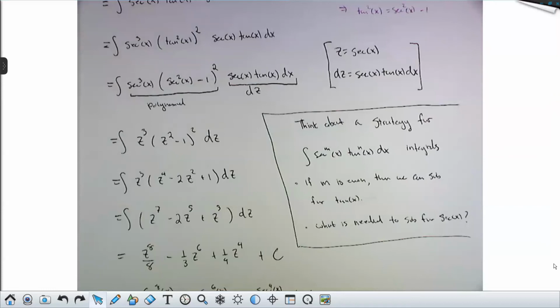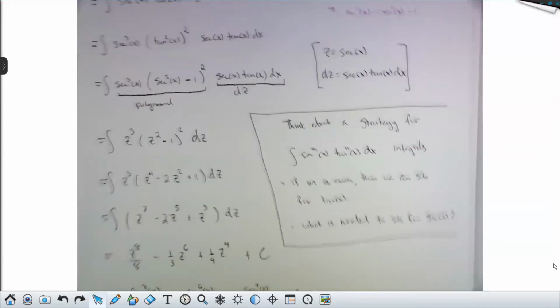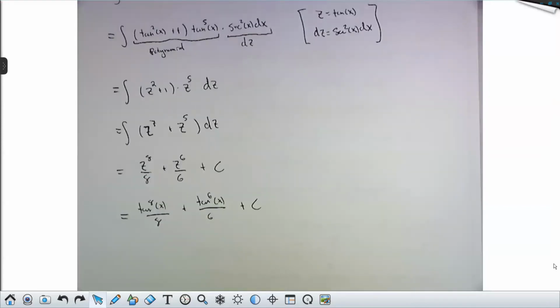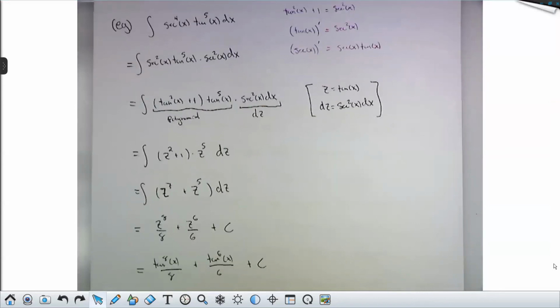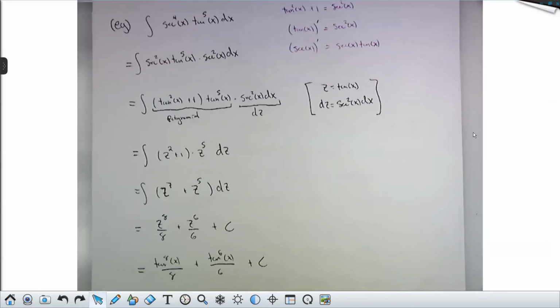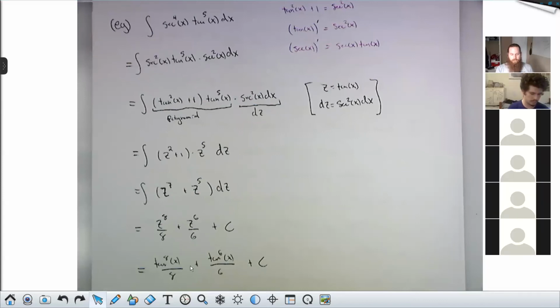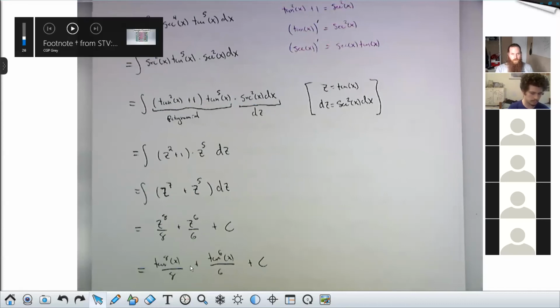Can I see the one where you solved it the other way? The secant tangent integral? Yeah, I just want to come back to the other solution of the secant tangent integral here. I think this one is easier. I prefer substituting tangent first here. So I'm assuming there's going to be one where secant is odd, right? There's going to be a case where it's odd instead of even.